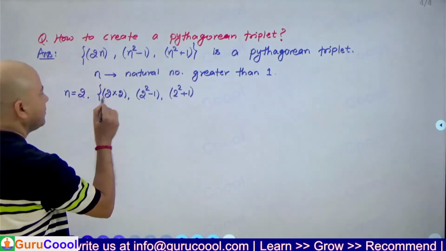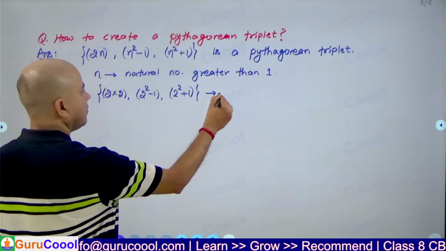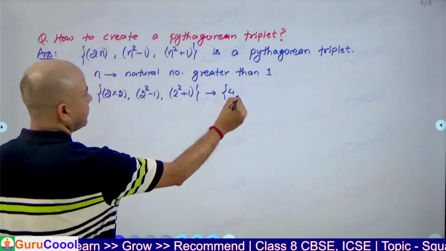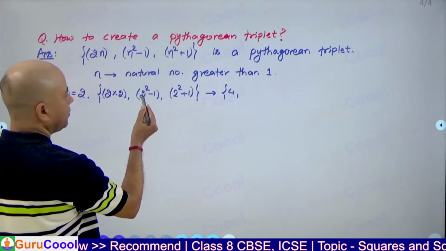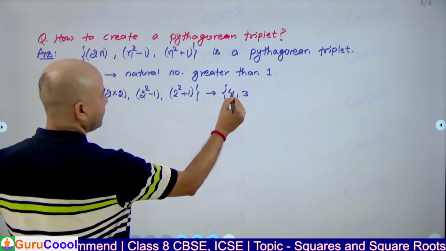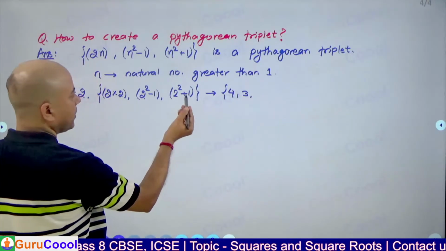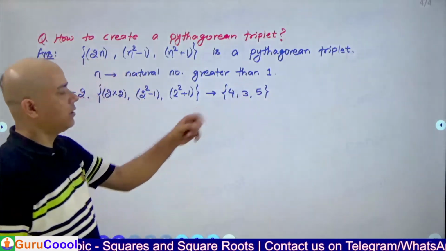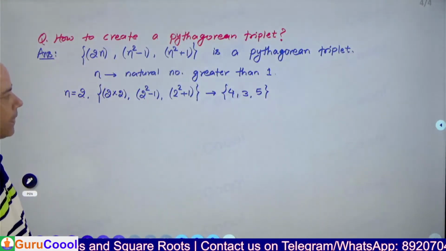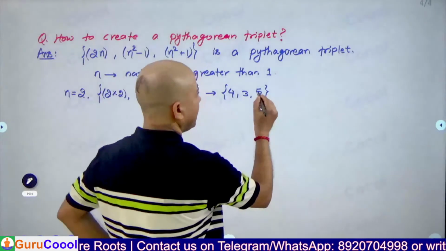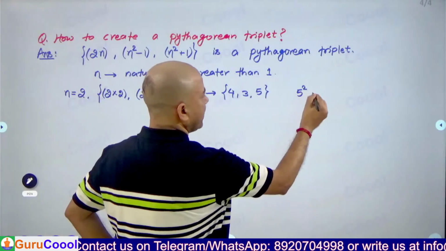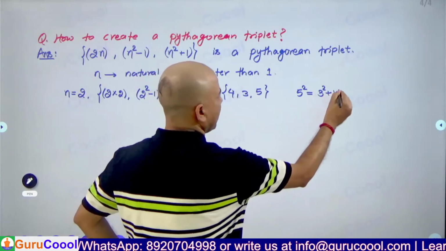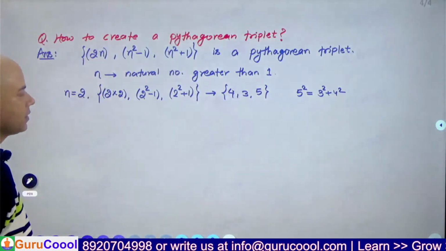See what we get. 2 times 2 is 4. 2 square means 4 minus 1, that's 3. And 2 square plus 1 means 4 plus 1, that's 5. See, we got the Pythagorean triplet because the biggest number square is equal to the sum of squares of the other two numbers, 3 square plus 4 square. Does this make sense?